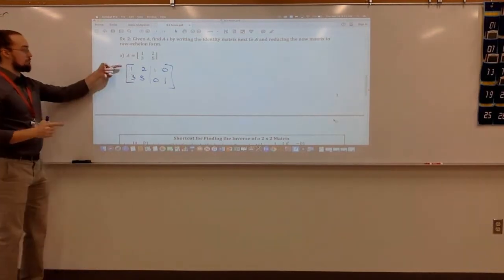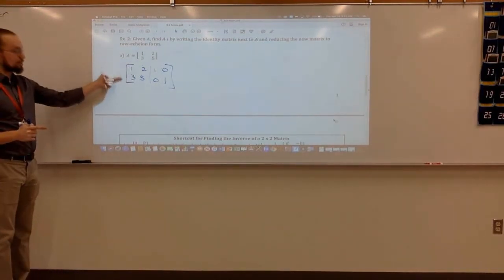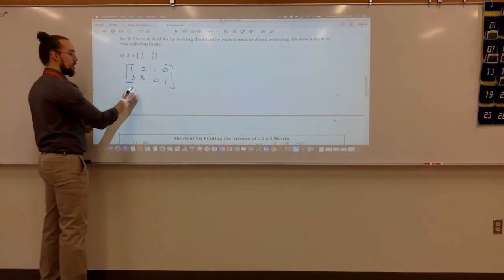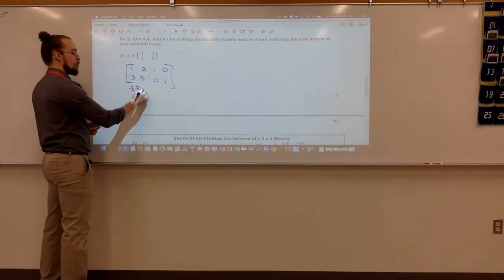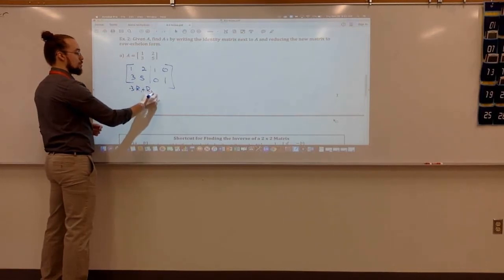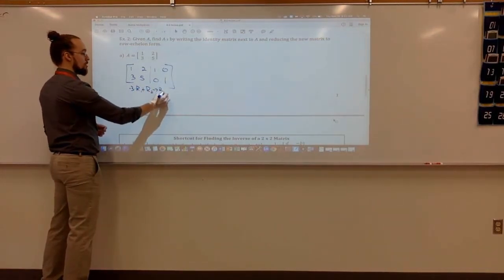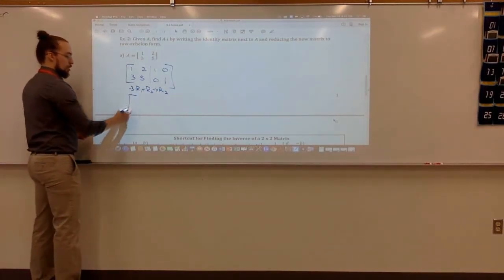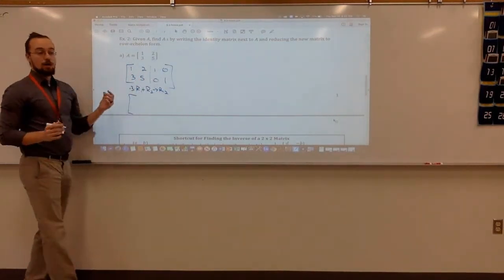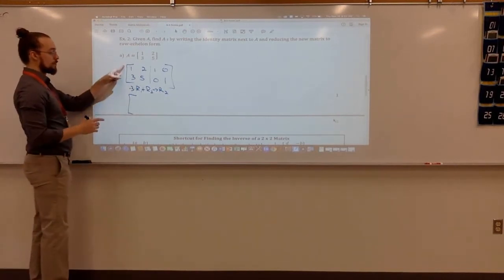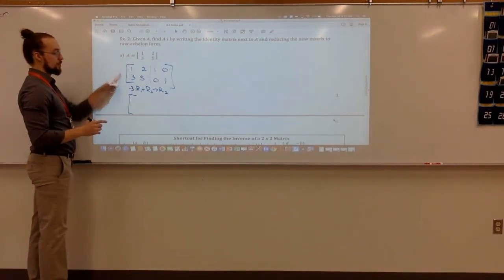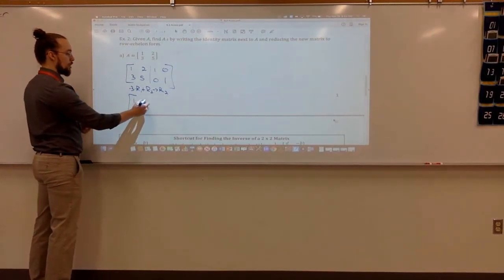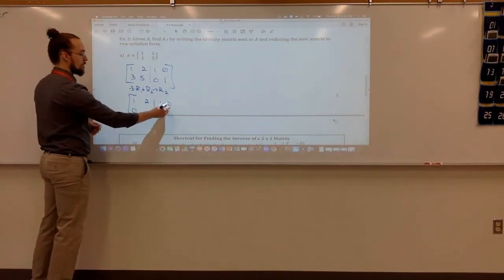Well, I would just need to multiply -3 times this row and add it to this row. So I'm going to do -3 times row 1, add that to row 2, and put that in place of row 2. I'm doing that all the way across. -3 times 1 is -3 plus 3 will get me 0. I'll rewrite my first row, since I'm not changing that.